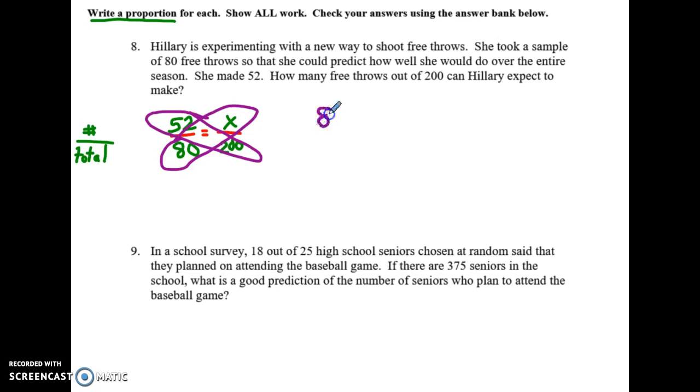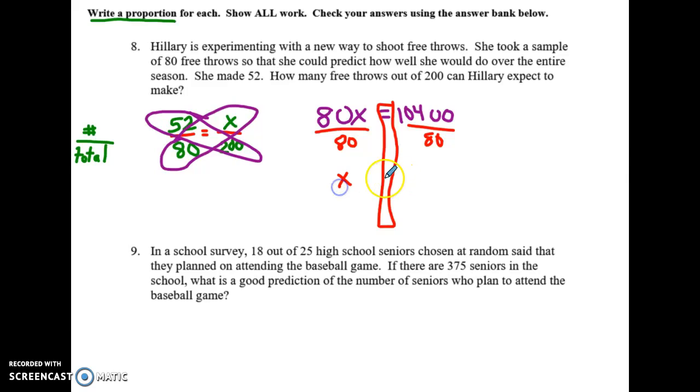You have to draw your butterfly. And then we're doing one product here, 80 times x, and then we're doing the other product, which is 52 times 200. Yes, we have some big numbers on this word problem, but that's okay. So 10,400. Remember, it's a locker problem, so we're going to divide by 80 on both sides.